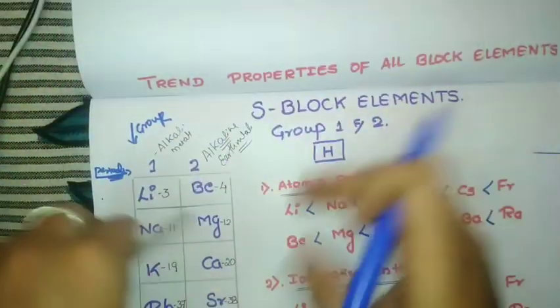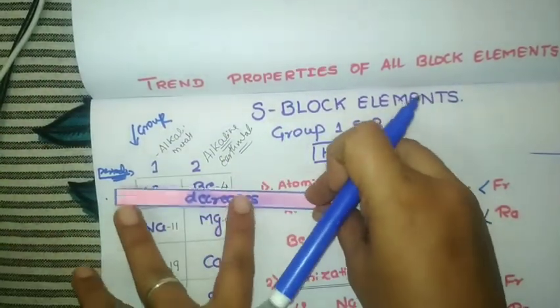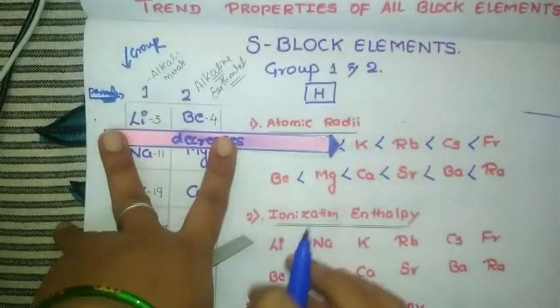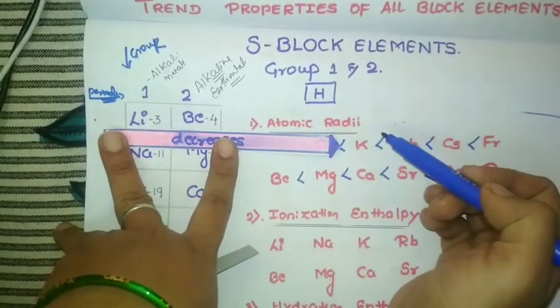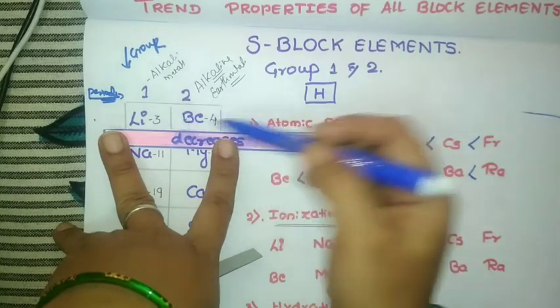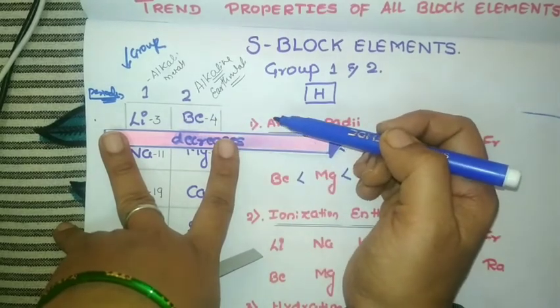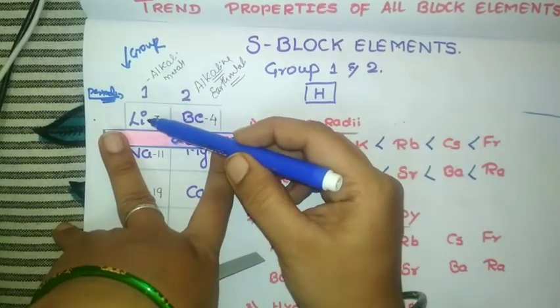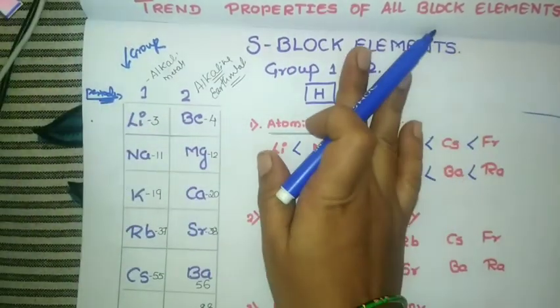So along a period, this is the common trend: the size, or atomic radii, goes on decreasing. In the periodic table, the group 1 elements from lithium to francium have the largest atomic radii compared to other elements, because along a period the atomic radii goes on decreasing.